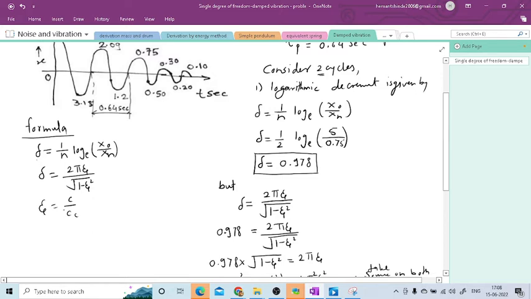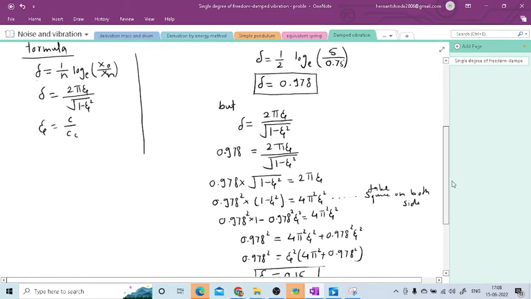So to determine C, we will have to determine Cc, the critical damping coefficient. Now I'll write the formula for the critical damping coefficient: Cc is nothing but 2m omega n. From this formula we can determine the value of Cc, but here we don't know the value of omega n.